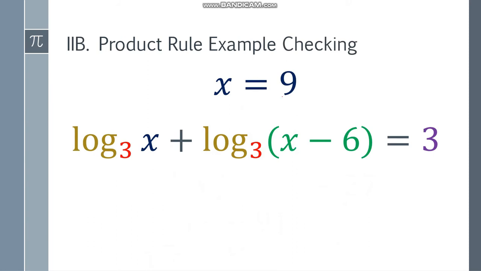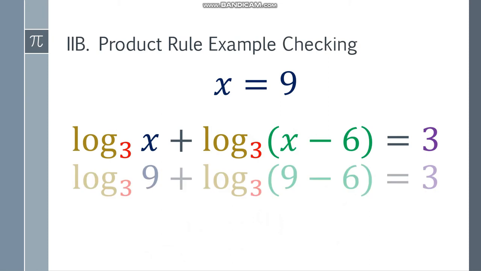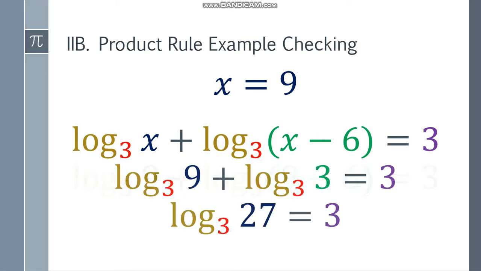Let's substitute 9 in the value of x. So we'll get log base 3 of 9 plus log base 3 of the quantity 9 minus 6. Simplify it. That will be log base 3 of 27. So how do you get 27? Remember, you're adding two logs and they have the same base.